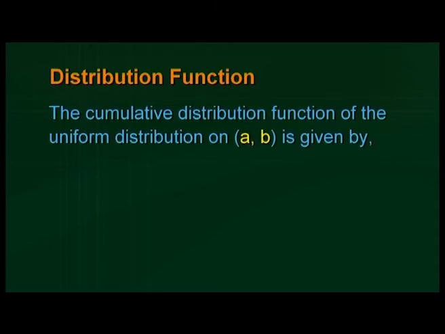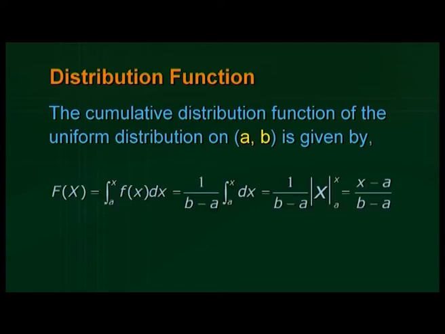Now let us find cumulative distribution function or distribution function. The cumulative distribution function of the uniform distribution on a, b is given by F of x is equal to integral from a to x f of x dx.